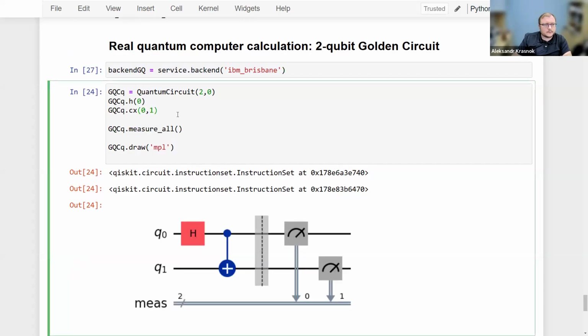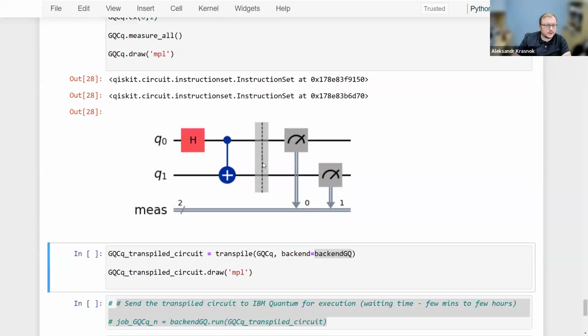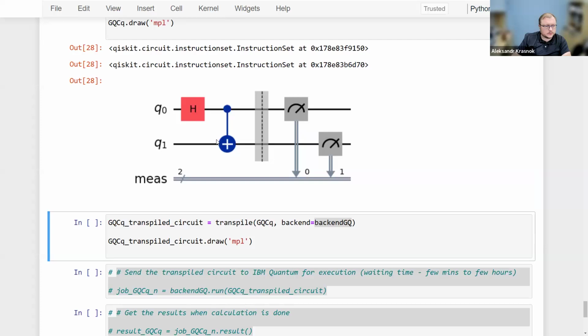Then we create the circuit, then we apply Hadamard to the first one, and then Control X with the first one being control and second being target, right? And then we measure all qubits in our circuit, right? So this is the resulting circuit to be sent to the quantum computer.